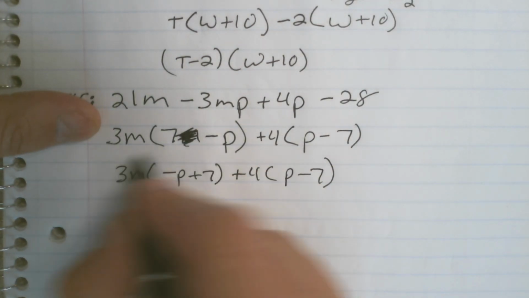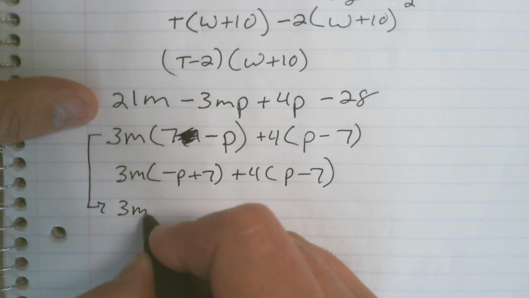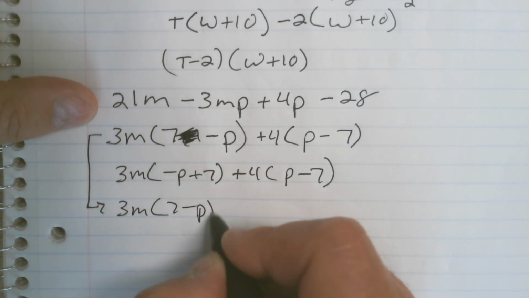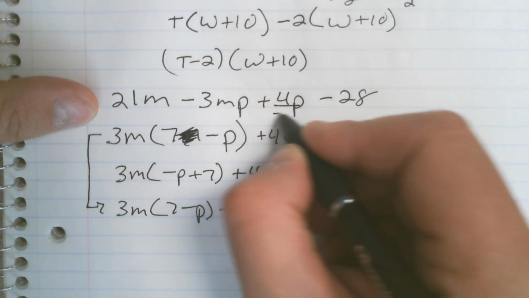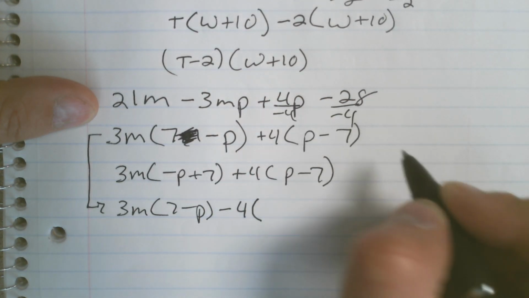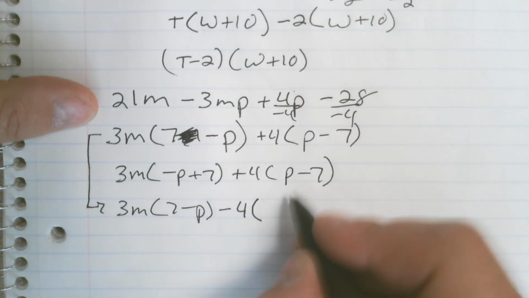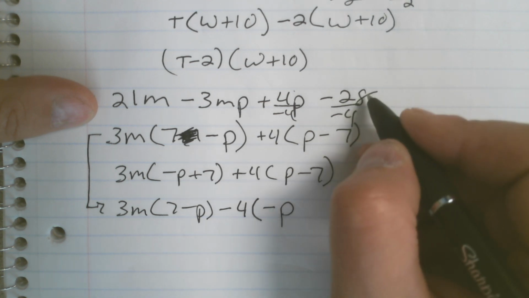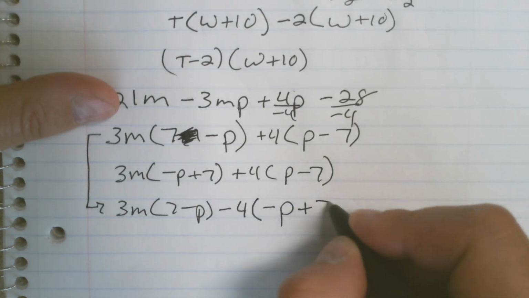So let's go back to this line right here. 3m, 7 minus p, I'm going to pull out a negative 4. And then if I divide that by negative 4 and divide that by negative 4, positive 4p divided by negative 4 is negative p. Negative 28 divided by negative 4 is 7.